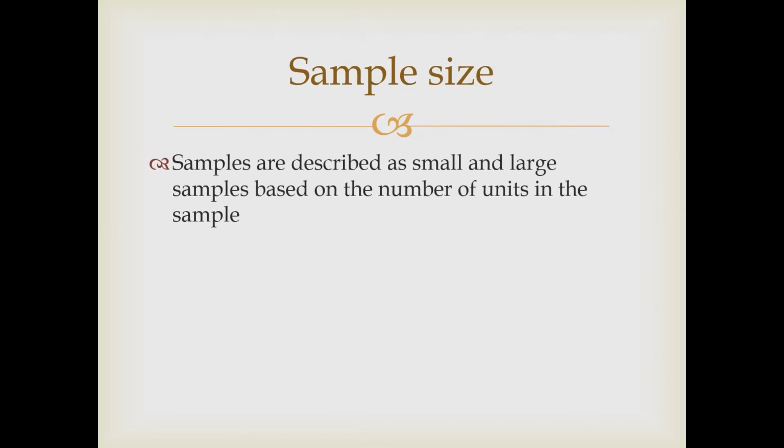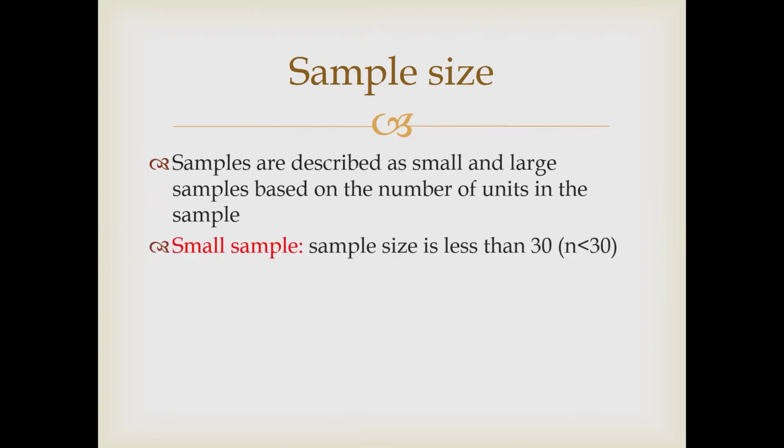Samples are described as small sample or large sample, based on the number of units in the sample. Based on the number of sampling units in the sample, in statistics, we describe the sample as a small sample or large sample. And the criteria, in statistics, we are speaking about statistics: for a small sample, the sample size is less than 30, N is less than 30.